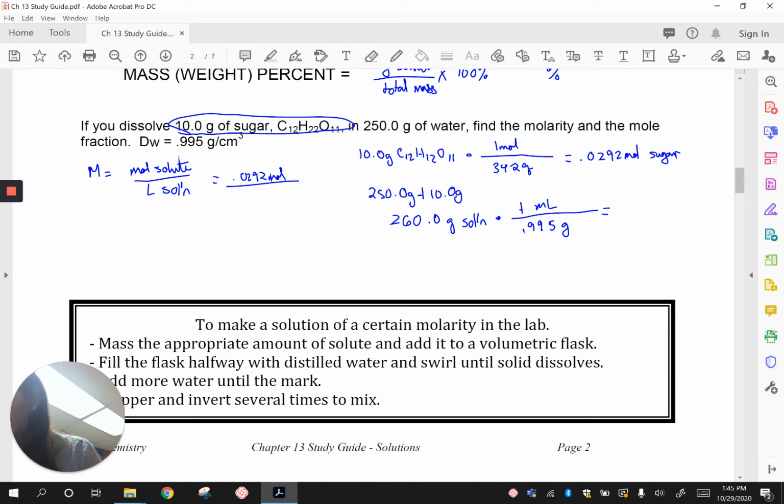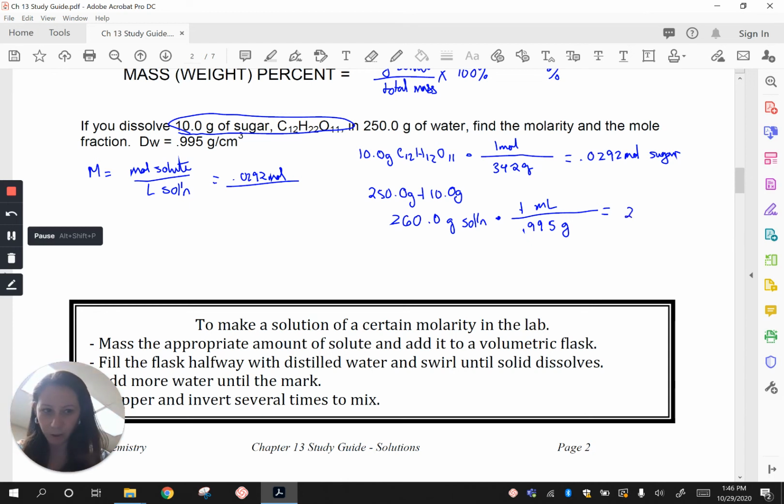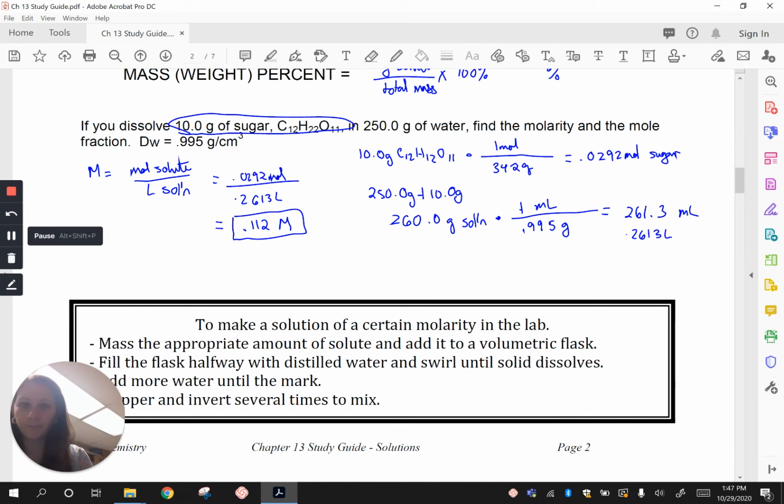And that comes to 261.3 milliliters, which is 0.2613 liters. So right here I'm going to put 0.2613 liters, and my molarity ends up being 0.112, and again this is molar or moles per liter.